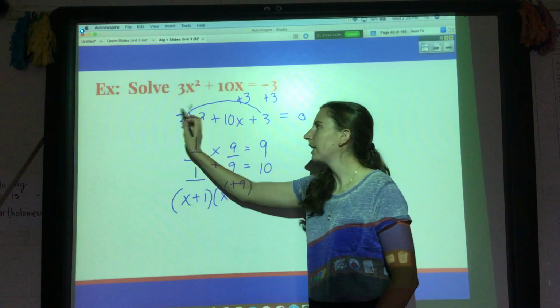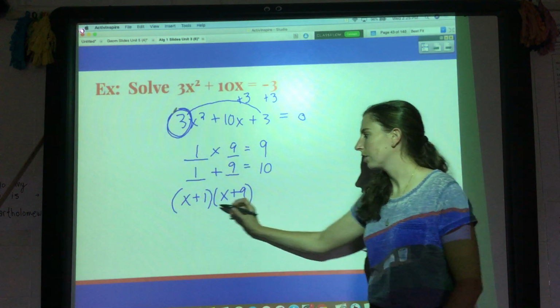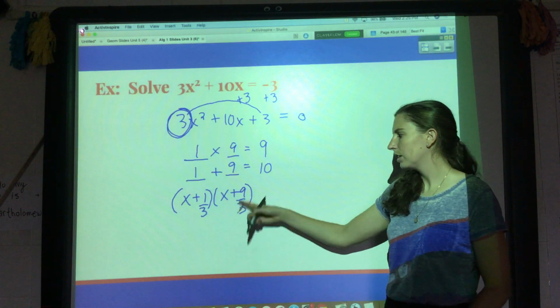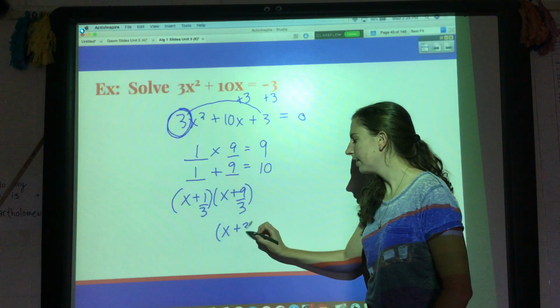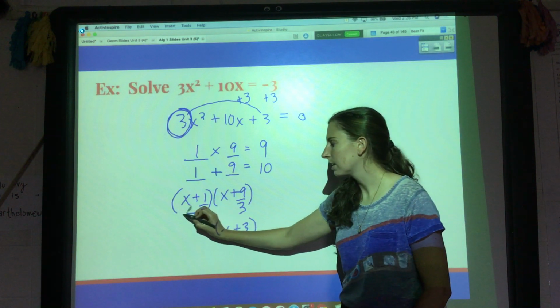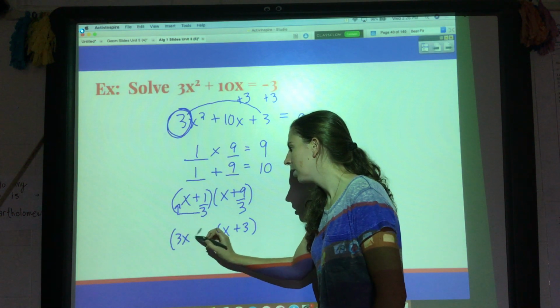This one had a leading coefficient that was not a 1. So I need to divide or slide with that 3 there. So I'll either divide it, like this one divides in evenly. 9 divided by 3 is 3. This one does not divide in evenly, so we slide it over and get 3x plus 1.